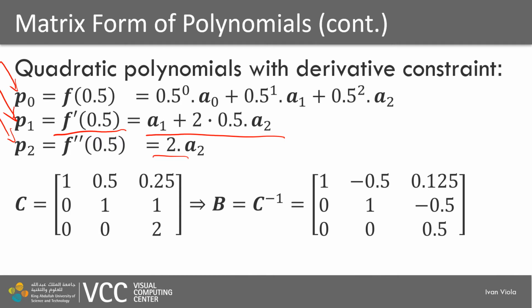So as we have it, we can put this into our constraint matrix, and through the inversion of this constraint matrix, we will obtain the basis matrix. And from this basis matrix, again through a system of linear equations, we can obtain the values for A0, A1 and A2, which satisfy those constraints which we have specified.